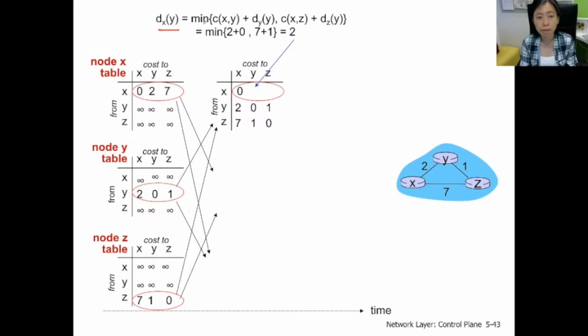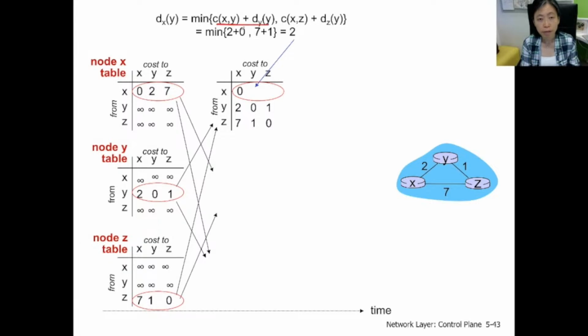Now let's start from calculating dxy. The Bellman-Ford equation says we try through all the neighbors of the source. X is the source, with 2 neighbors, y and z. So we do have 2 entries here: one assuming neighbor y, the second using neighbor z.